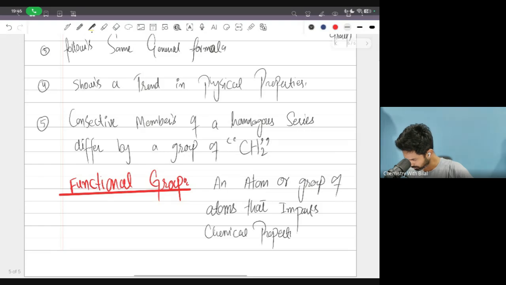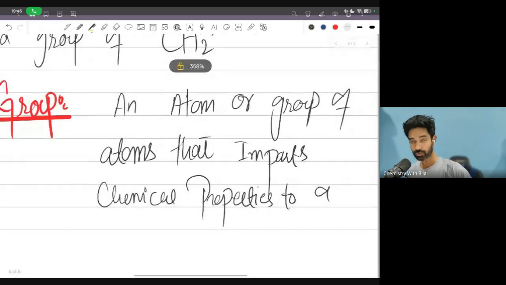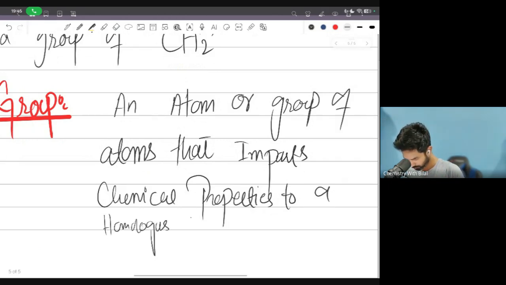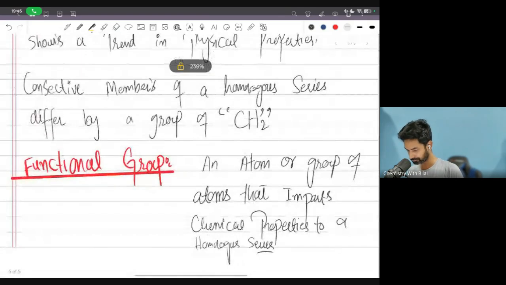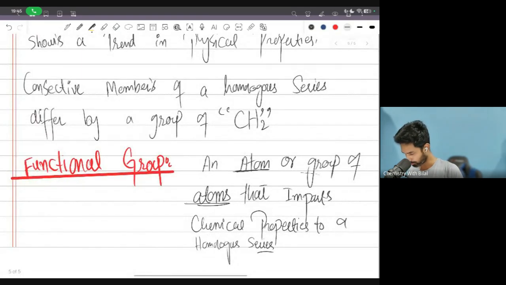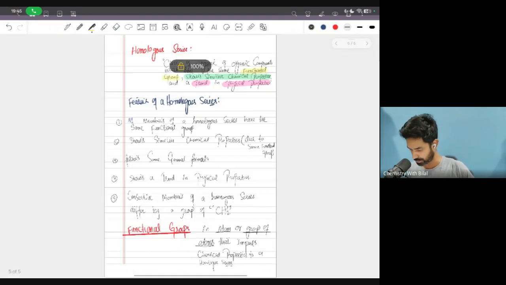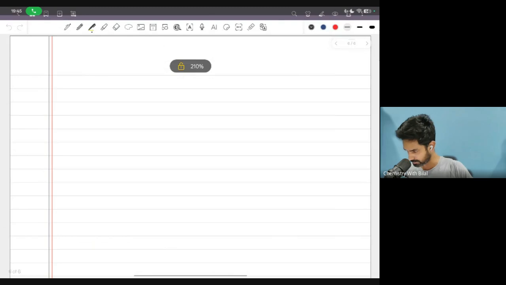It could be an atom or group of atoms that decides the chemical properties of a homologous series.